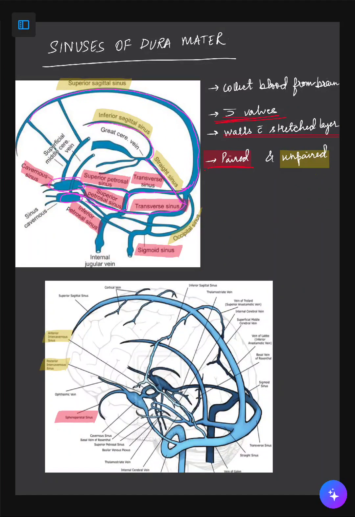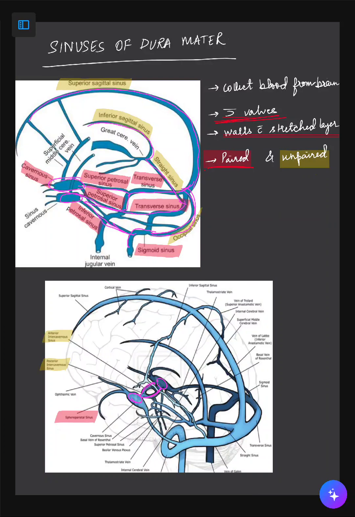Then the occipital sinus, behind the straight sinus, and then comes the sigmoid sinus. This sigmoid sinus is also connected to the inferior petrosal sinus. There is also the intercavernous sinus, anterior and posterior, between the cavernous sinuses.